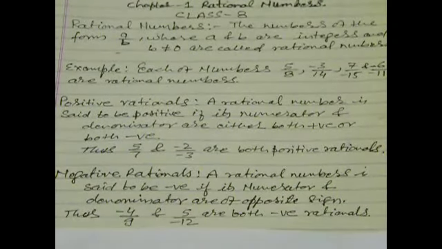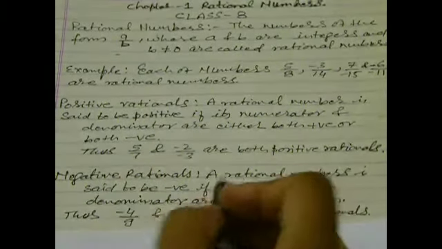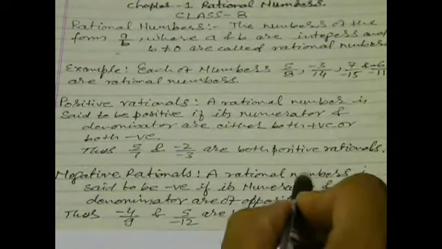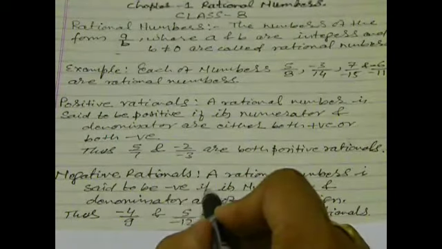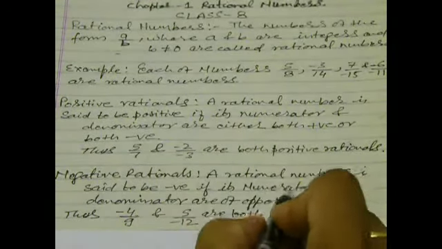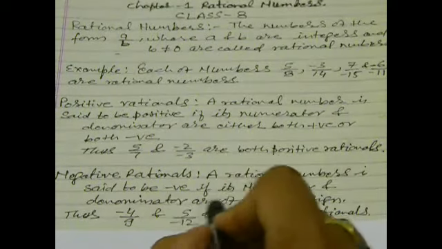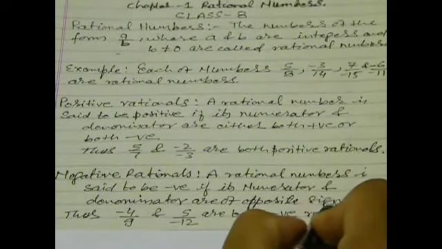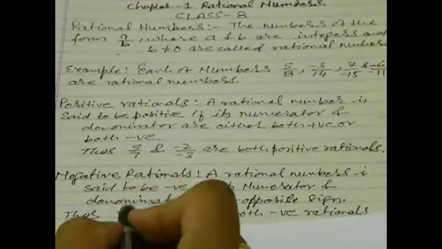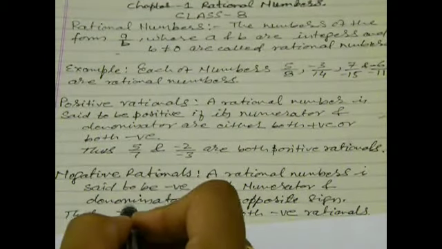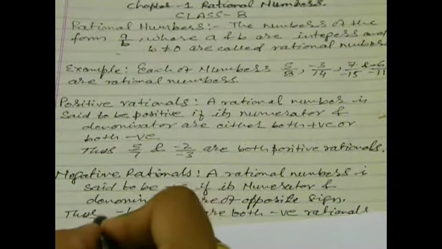Now we will discuss negative rationals. A rational number is said to be negative if its numerator and denominator are of opposite signs. That means either the numerator or the denominator is negative.